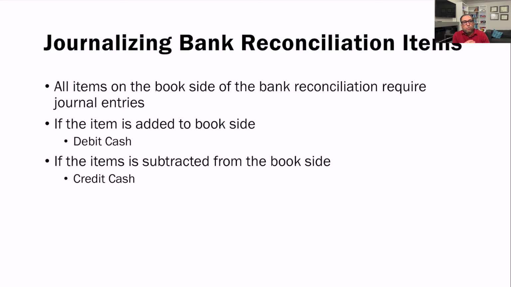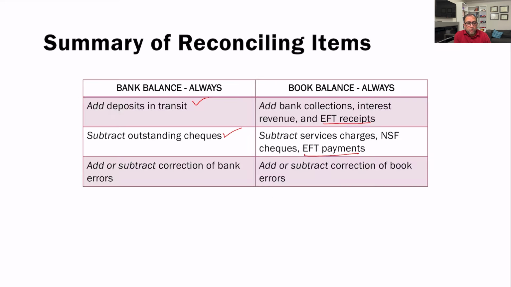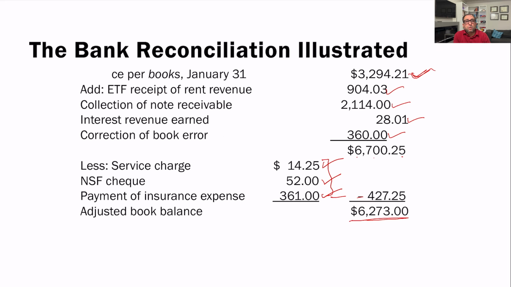Now, because we cannot make any change in the bank's books, we only change our books. So whatever adjustments we are making, or whatever things we missed in order to arrive at the actual balance, we have to record them. The statement is not enough.